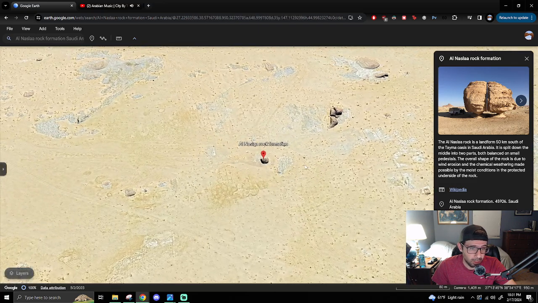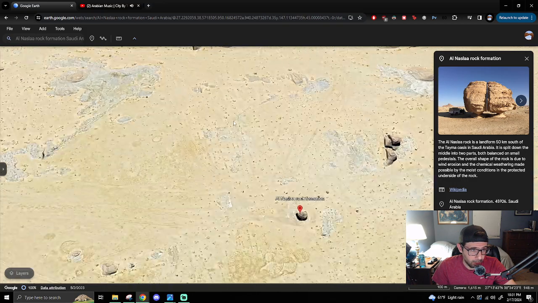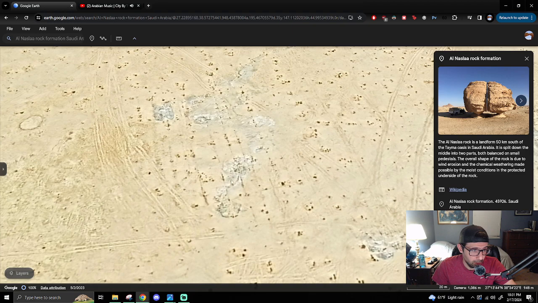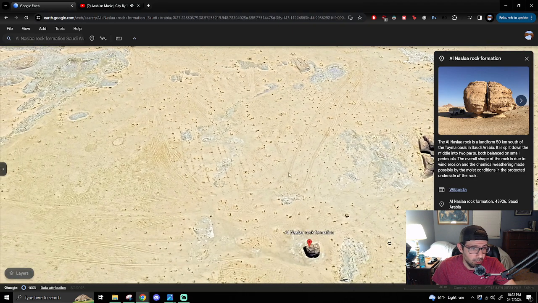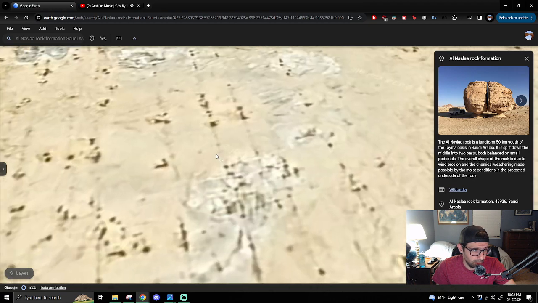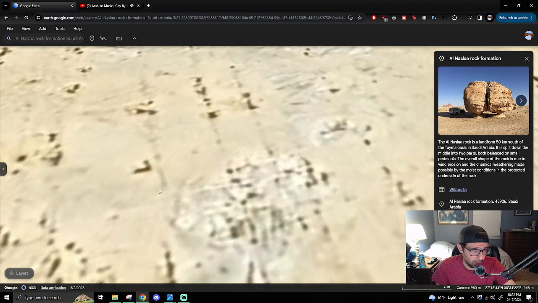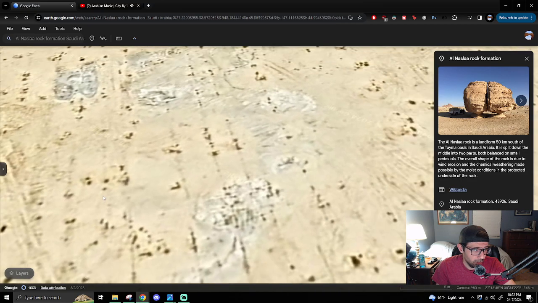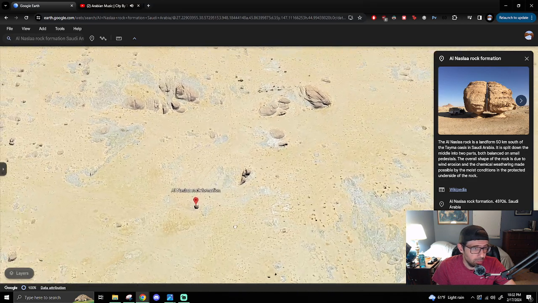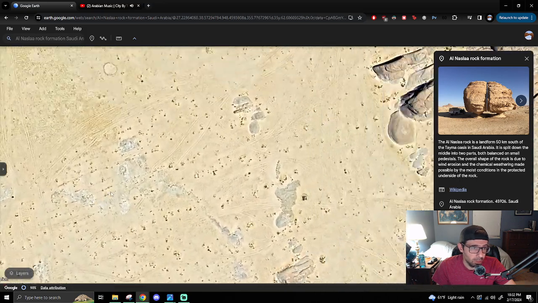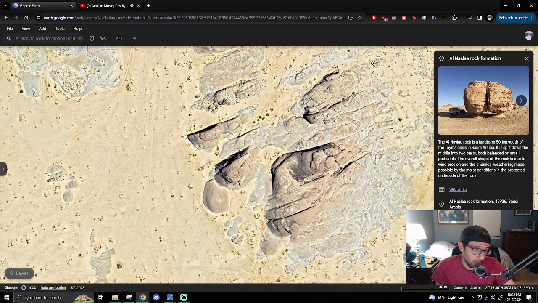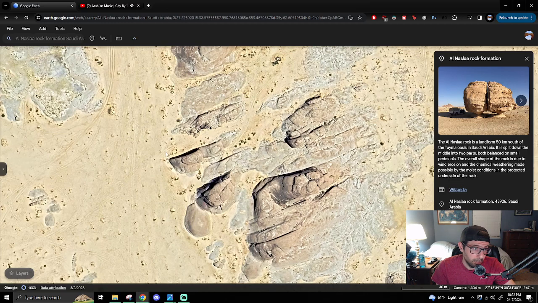First of all, the first thing I notice is a bunch of parallel lines, right here, which maybe is in part cars, but like this one, and this one, and this one. If we zoom out, follow them over here. They're pretty much parallel with these, which are certainly not tire marks.